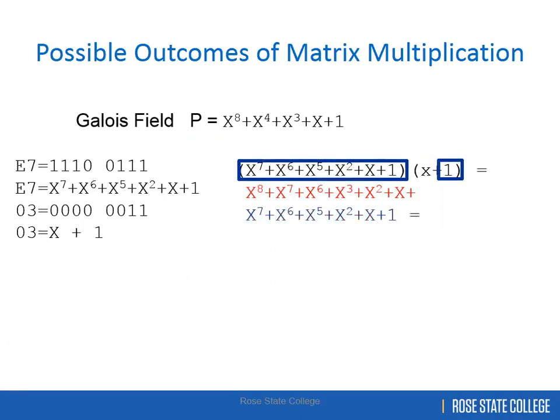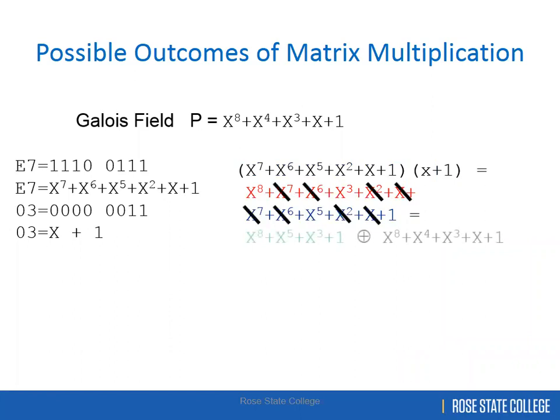Now, I don't know the name for this next step, but whenever you do this, you cross off duplicate values. So in other words, if you got 2 x to the 7th, get rid of both of them. You got 2 x to the 6th, get rid of both of them. There's a name for it in math. I don't remember the name. Okay? So you cross off all the duplicates, and we end up with x to the 8th plus x to the 5th plus x to the 3rd plus 1.